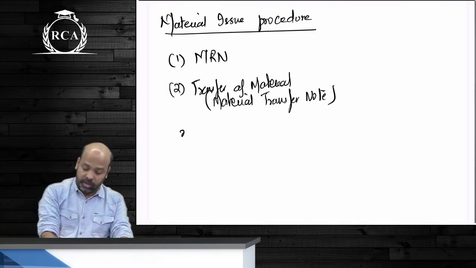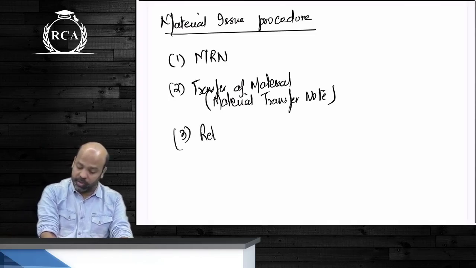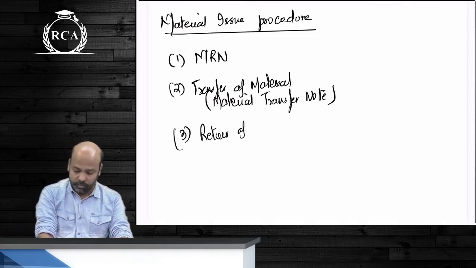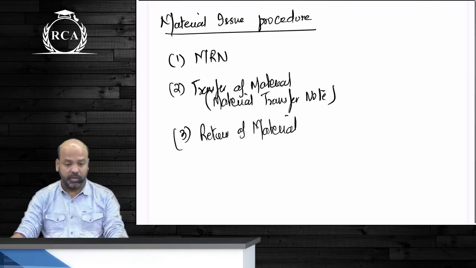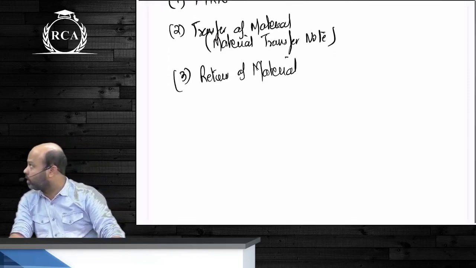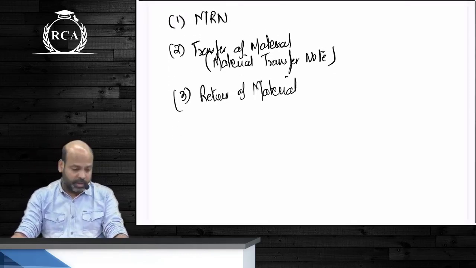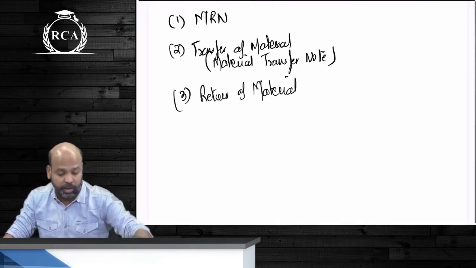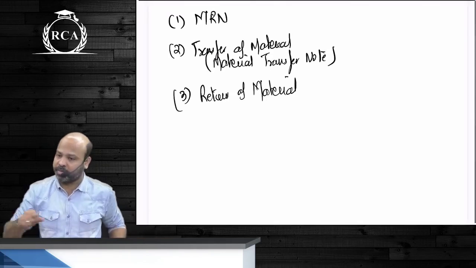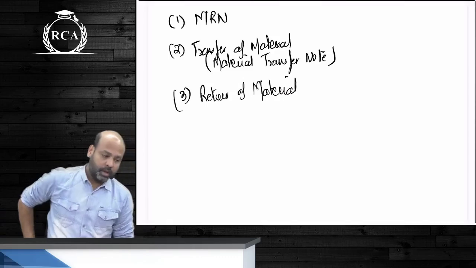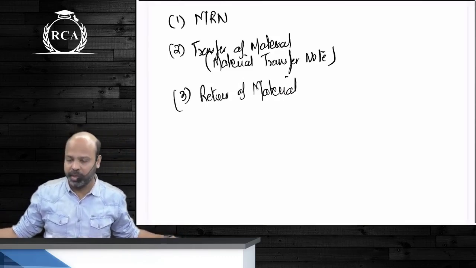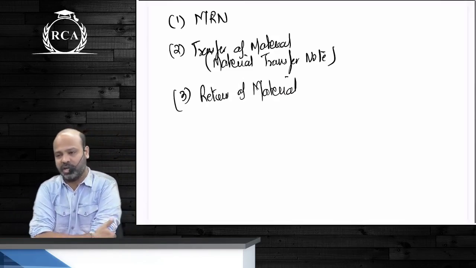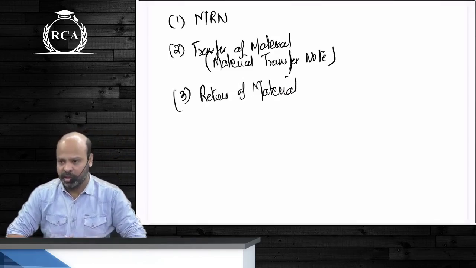Then comes return of material. There are two types of returns. One is return of material to the supplier. The other is return of material from the production department to the stores department. If the material is being returned to the supplier, it should be recorded in the stores ledger card as an issue of material.